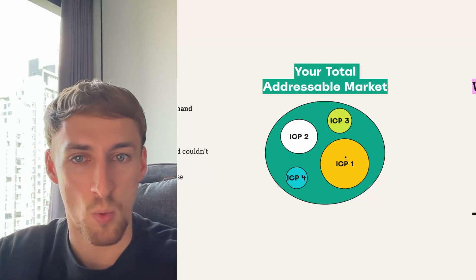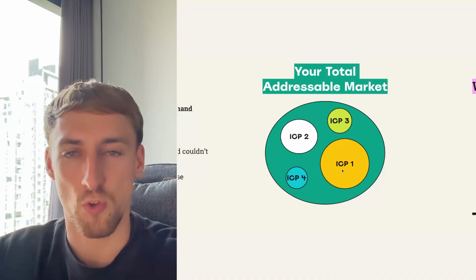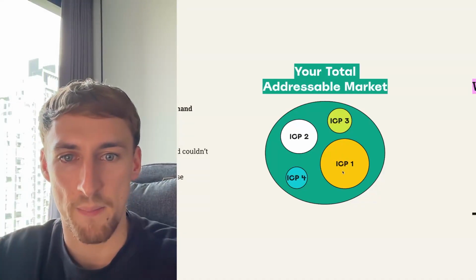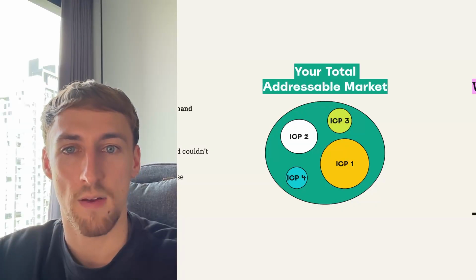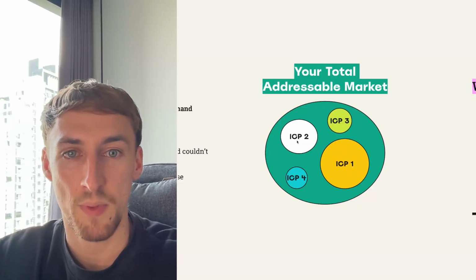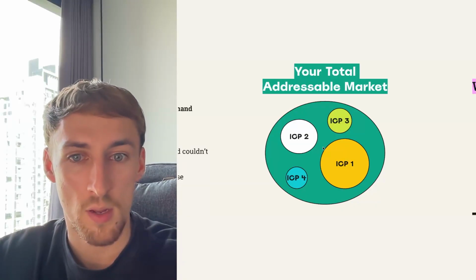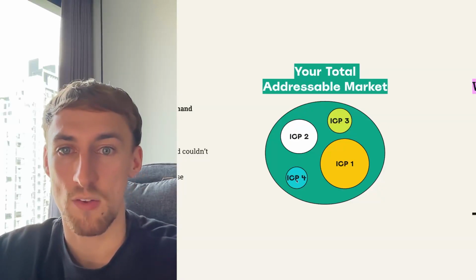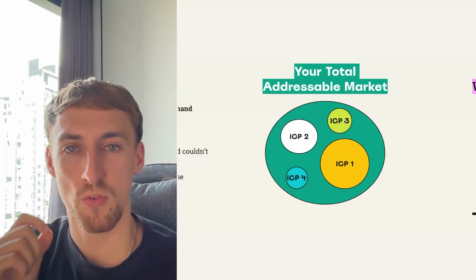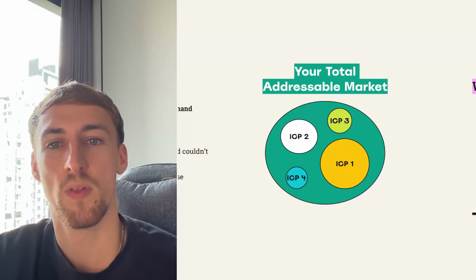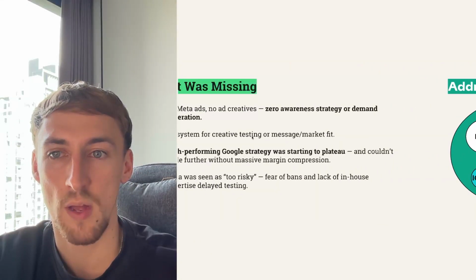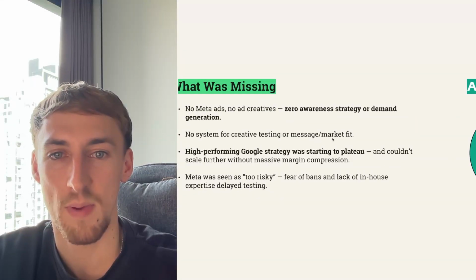So you have ICP1, that might be, let's say you sell a supplement, for example, that helps with back pain. You might have a dad or man who does manual work. You might have young boys, young girls in the gym. And then you might have an older woman. You might have an older man. So that's just 4 really, really broad examples to give you an idea of your total addressable market, then the niches of customer within. So it's super important to have creative testing that finds this message and market fit.